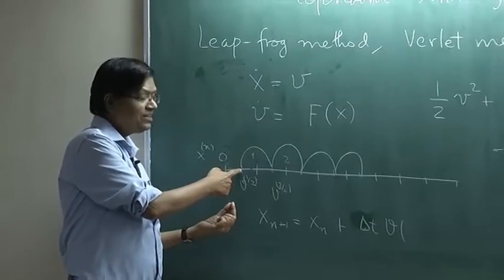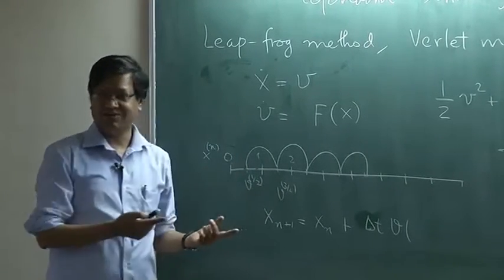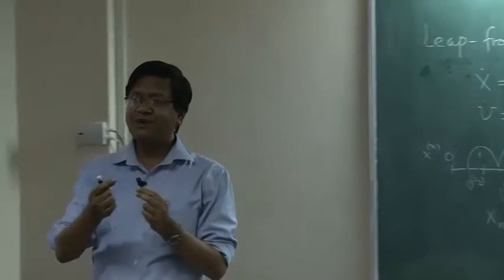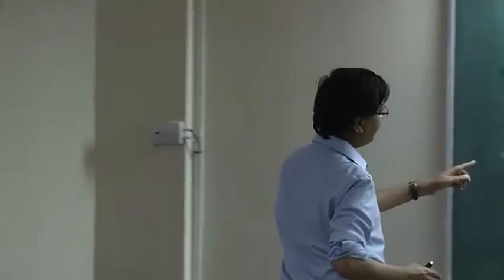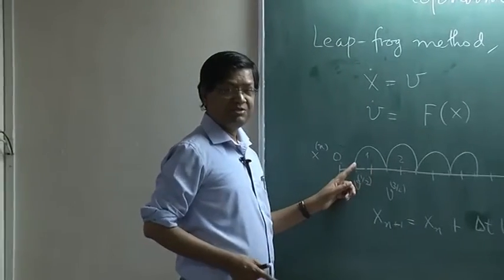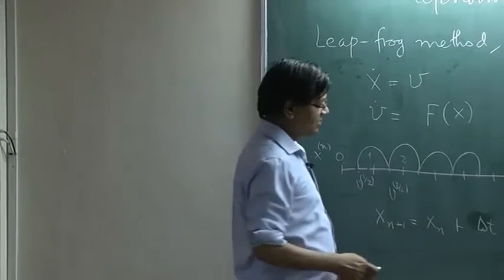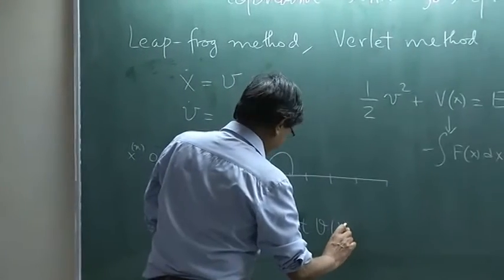The velocity at the midpoint is better, because it will give you better accuracy. I do not want to use my initial velocity or the final velocity, in fact they correspond to Euler forward and Euler backward, but the midpoint is good. So this is v of n plus half.